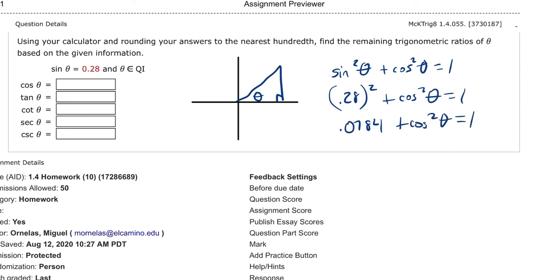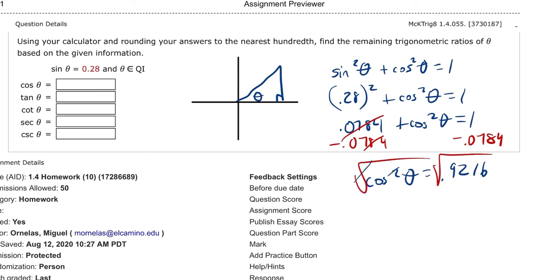And now when you subtract, you end up getting cosine squared equals, what is that going to be? 1 minus that is 0.9216. Then you take the square root.